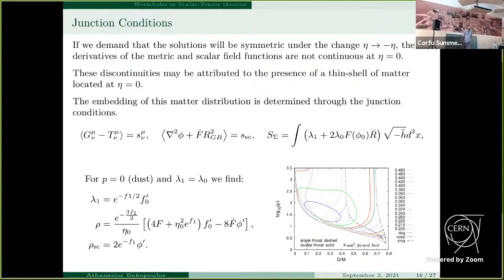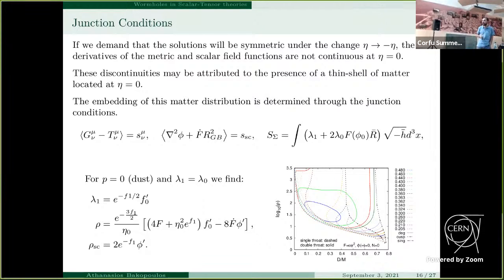We still have some time for questions. So maybe I will ask, are there any implications for cosmology of those wormhole solutions? For example, for the fate of the universe? Yeah, maybe they have some implications, but no one has studied it yet.